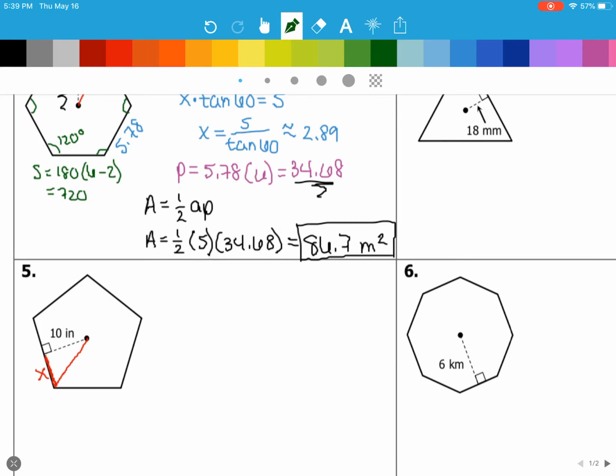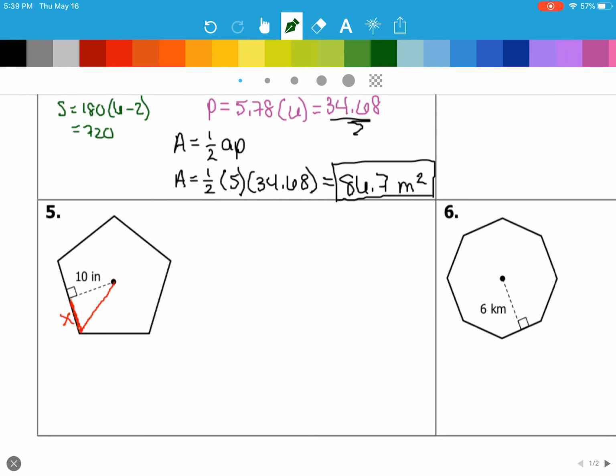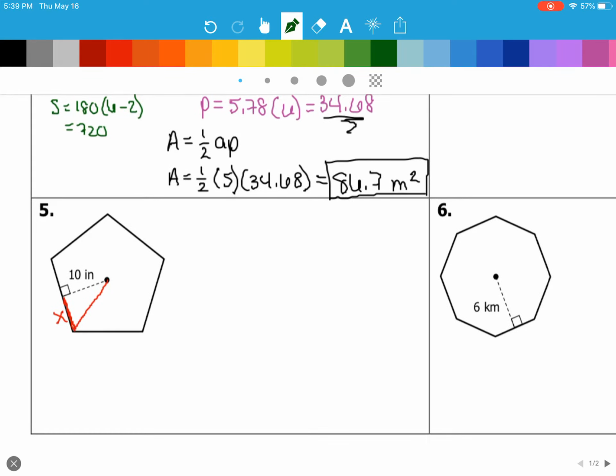Second thing I need to do is find an interior angle inside of that right triangle in order to use trigonometry. Well, the sum of the interior angles of a pentagon is going to be 180 times the quantity of 5 minus 2, which is 540.